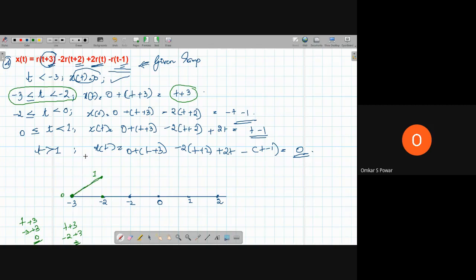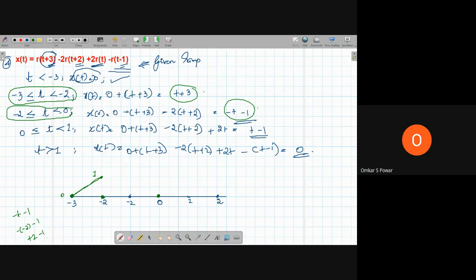Then t varies between minus 2 to 0. What is the value of x of t? Minus t minus 1. At t equal to minus 2, what is the value?